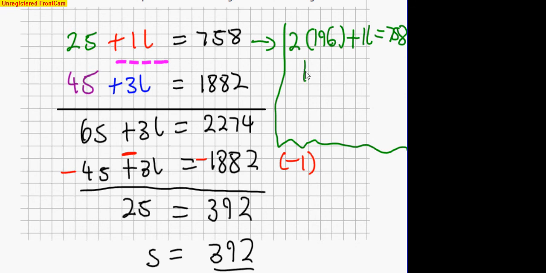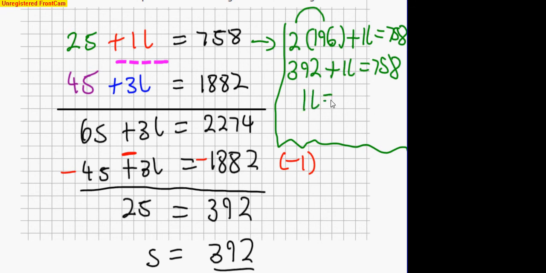So 2 multiplied by 196 is 392. 392 plus 1L equals 758.